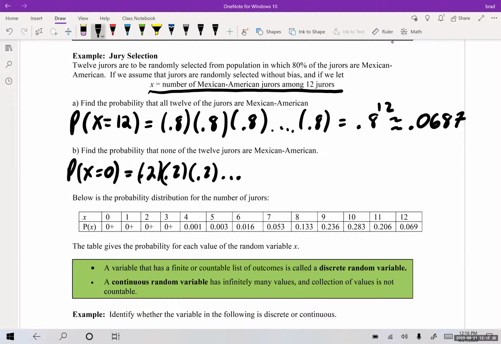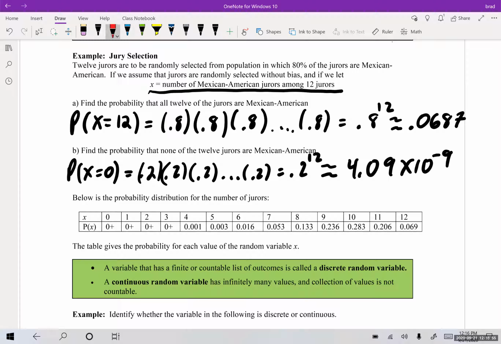So similar to above, this would be 0.2 to the 12th. So 12 people chosen, all 12 of them are not Mexican American. So if we plug this in, we get 4.09 times 10 to the negative 9.